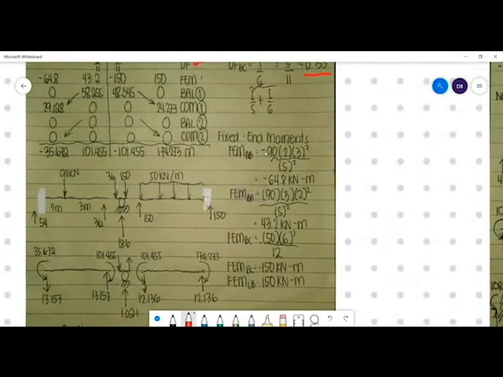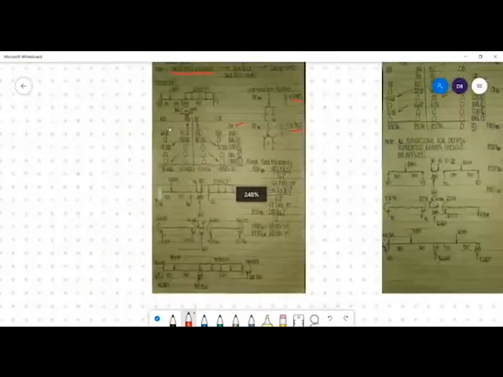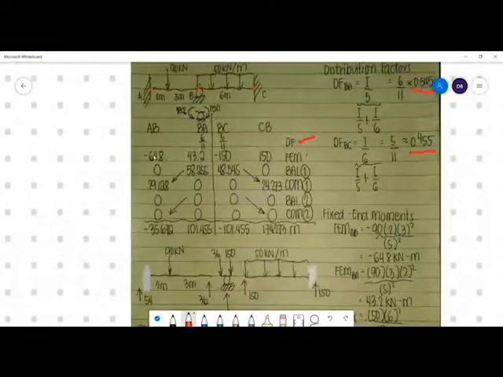So FEM AB is equal to negative 90 times a is equal to 2, 3 squared over 5 squared, that is a b squared over L squared. We have negative 64.8, which means it is counterclockwise.